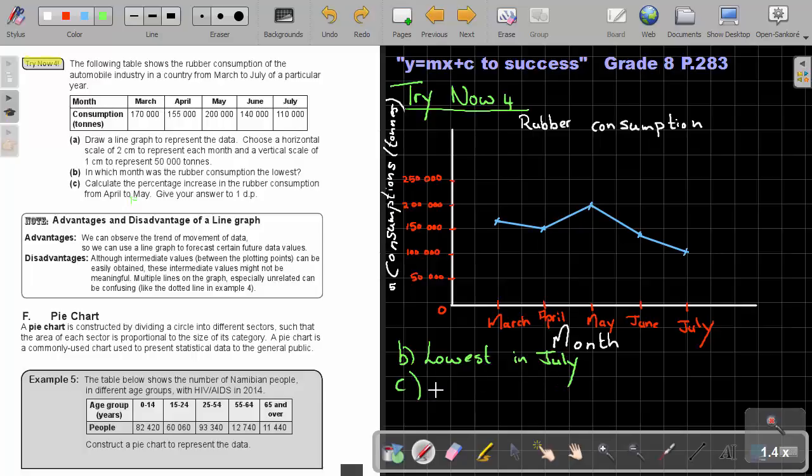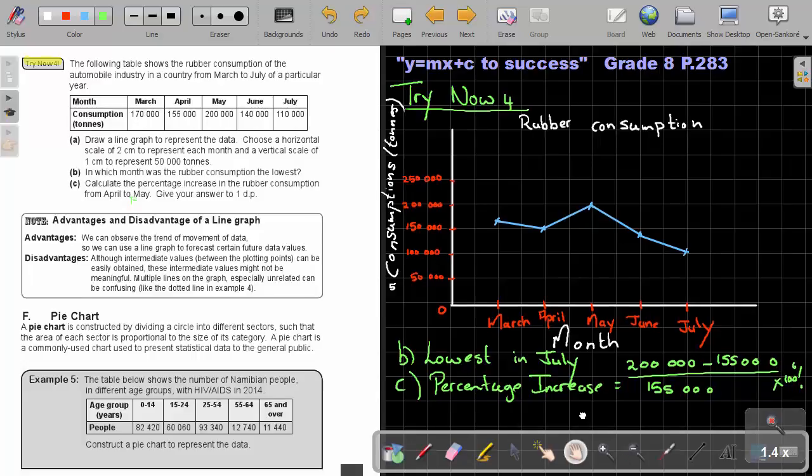Percentage increase, can you still remember? We first get the difference, which is 200,000 minus 155,000, and put it over the original, the first one, 155,000. To make it a percentage, we multiply by 100%.